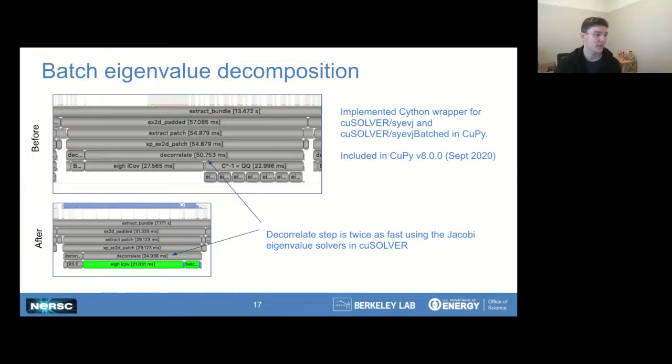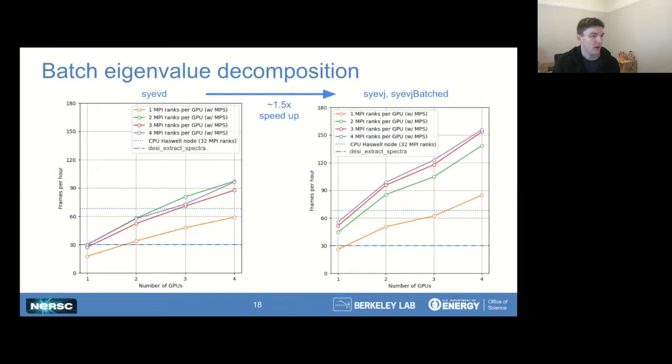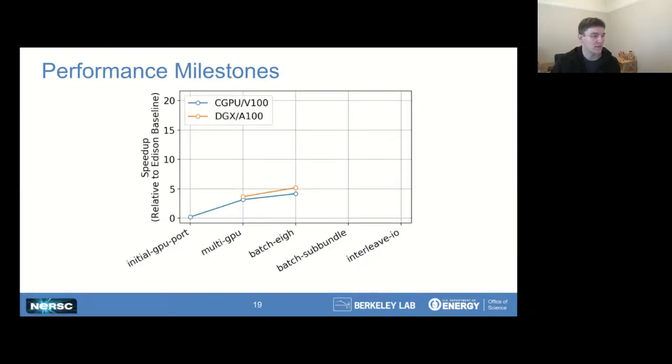This sped up the execution of this kernel by a factor of 2, and then overall, this sped up the runtime of the program by a factor of 1.5. So we can see our performance improving here on our performance milestone tracker. At this point, batching the eigenvalue decomposition was very successful.